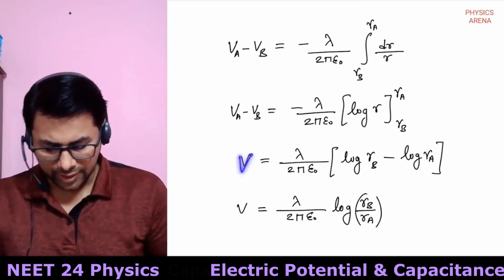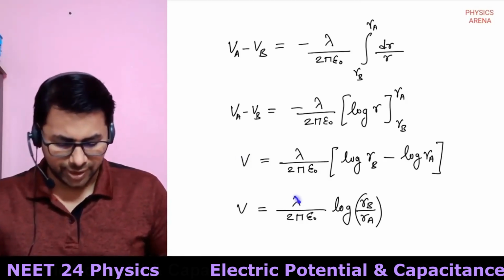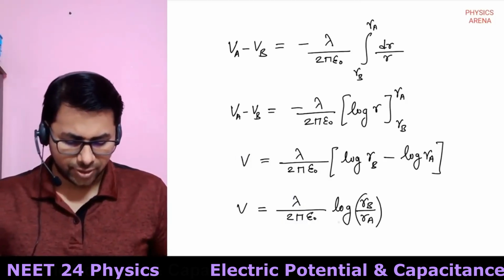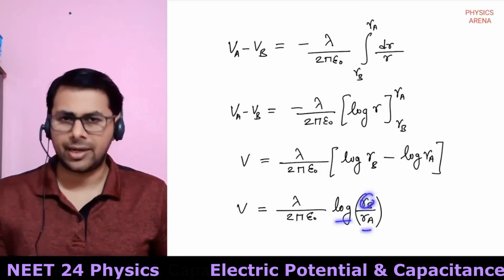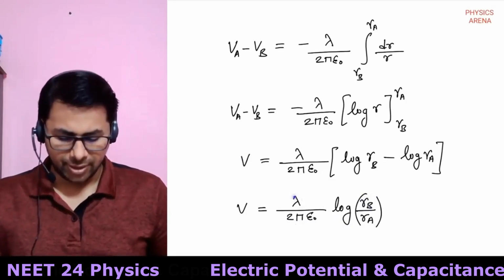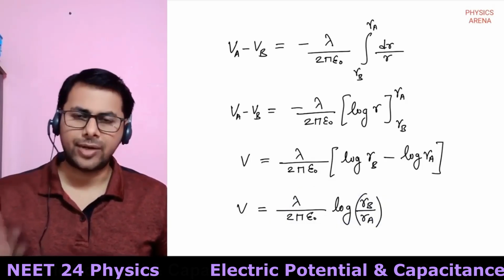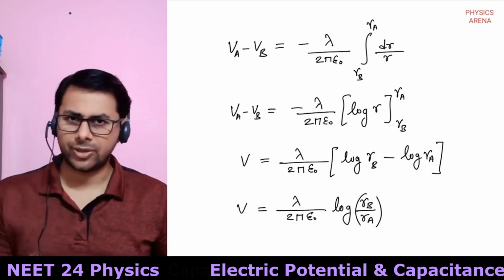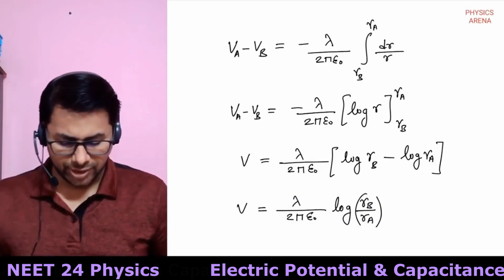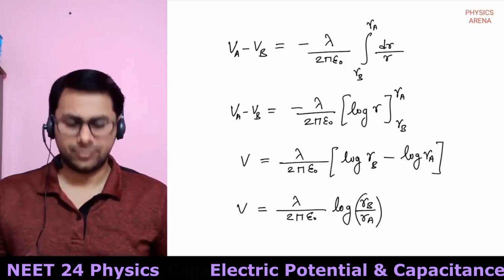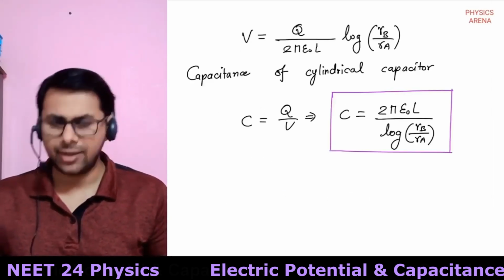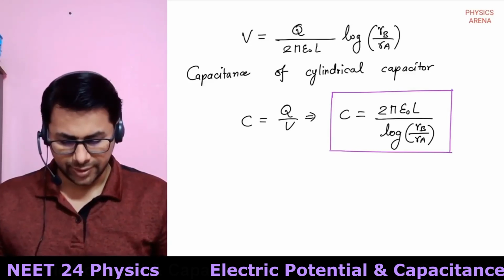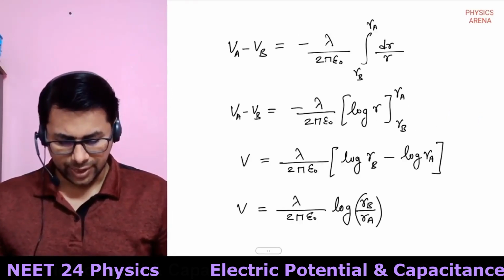And you call that equal to V. It comes out to be lambda upon 2 pi epsilon naught log of RB by RA. That's the potential difference. Then how much is the charge? Charge would be lambda times L, right?